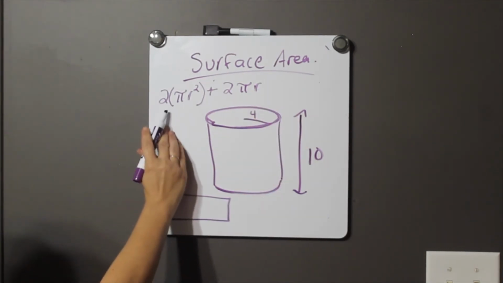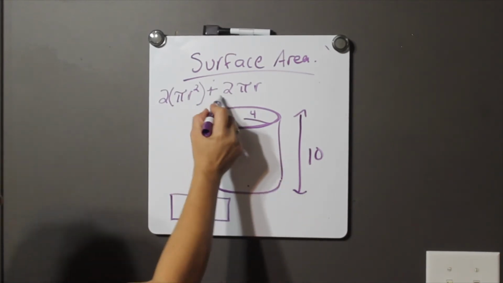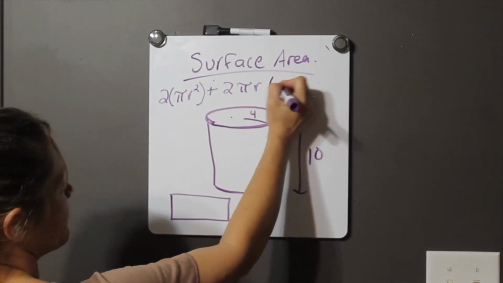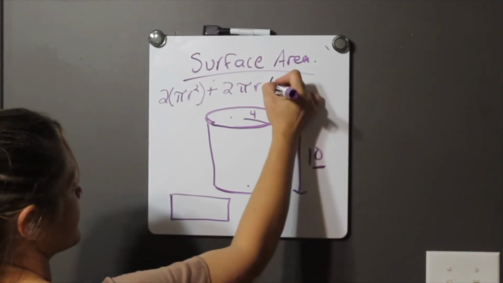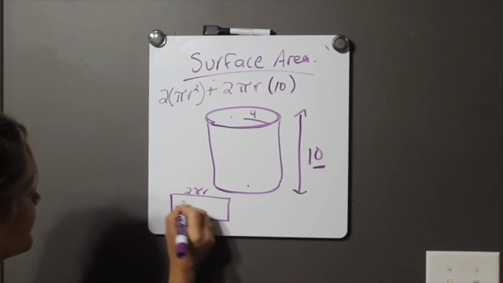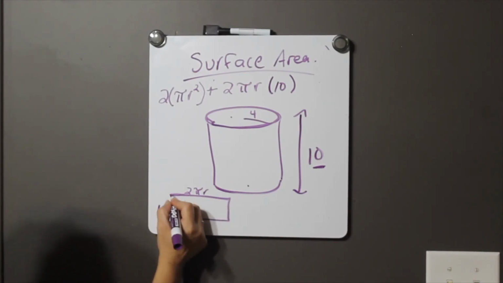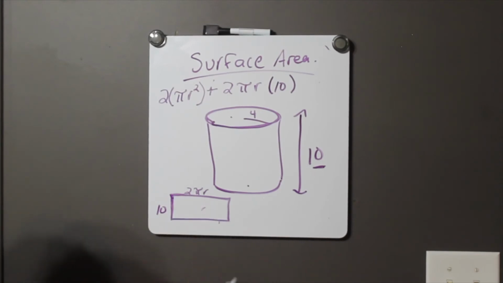So first we're going to get the area of the base, and we're going to do 2 of those. And then we need to find the circumference and multiply that times the height, which is 10. So 2 pi r is going to tell us how long this is. And then 10 is how tall it is. It's to give us the area of that once it's rolled out flat.